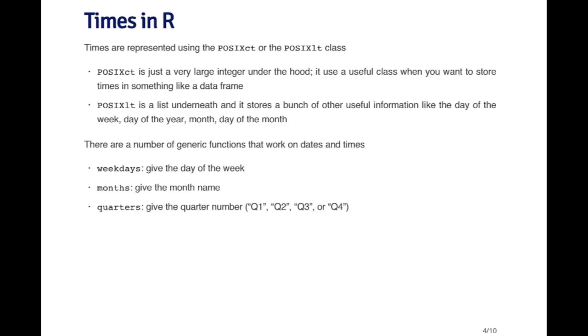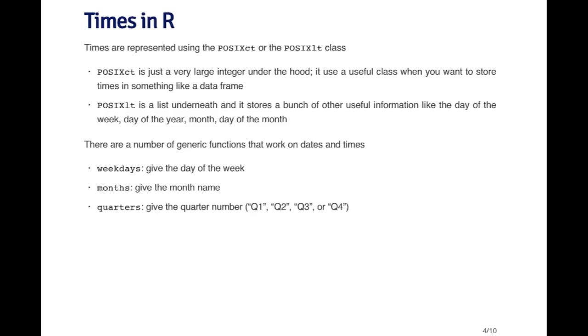POSIXlt stores a time as a list underlying, and so it stores a bunch of other useful information about a given time. For example, what's the day of the week of that time, what's the day of the year, the day of the month, or the month itself. And there are a number of generic functions that operate on both dates and times that you can use, such as the weekdays function, which tells you what day of the week a given time or a given day is.